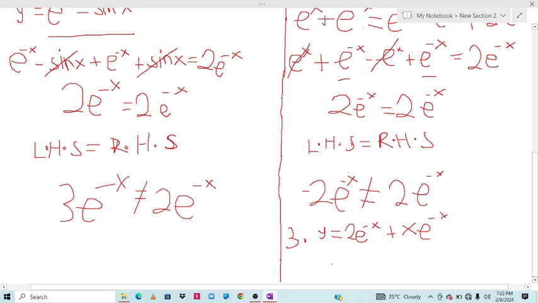This is a solution to y'' plus 2y' plus y is equal to 0. So I urge all of you to try this on your own. Thank you.